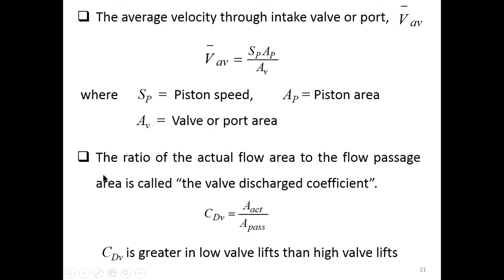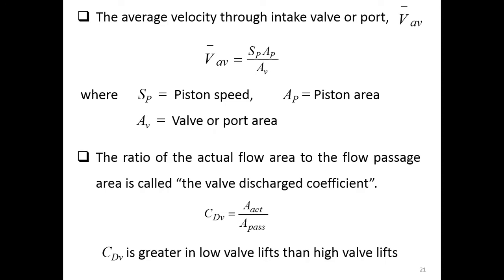Okay. Since this is the flow through the openings, we have a resistance. So this resistance will tell us that the actual flow rate will not be equal to the theoretical one, right?